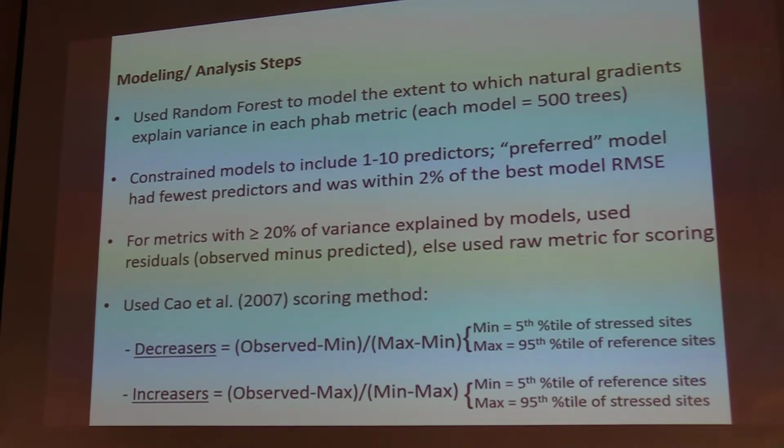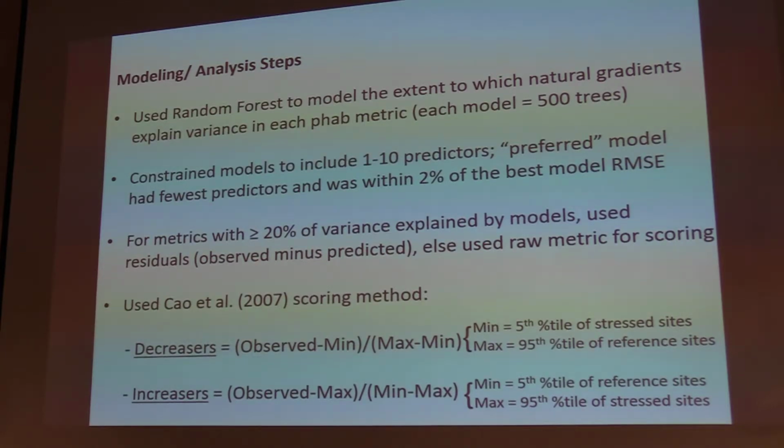For metrics that had at least 20% of their variance explained by the models, we used the metric residuals, that's the observed value minus the predicted value, to score the metrics. Otherwise, we used the raw metric for scoring. To actually score metrics, we used the method of Cao from 2007, where for decreasing metrics, those that decrease in response to human disturbance gradients, we set the scoring floor as the 5th percentile of stress sites and the scoring ceiling as the 95th percentile of reference sites.